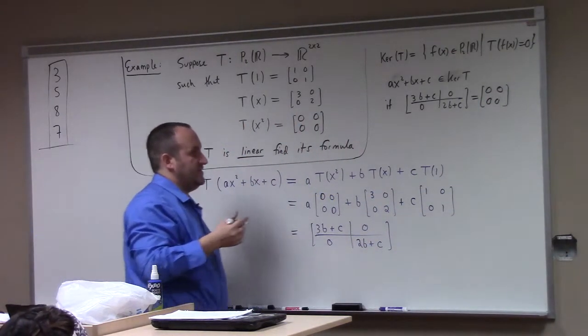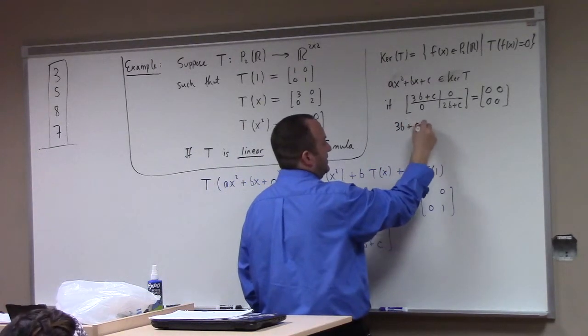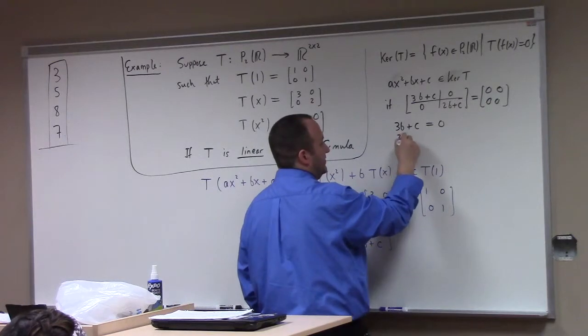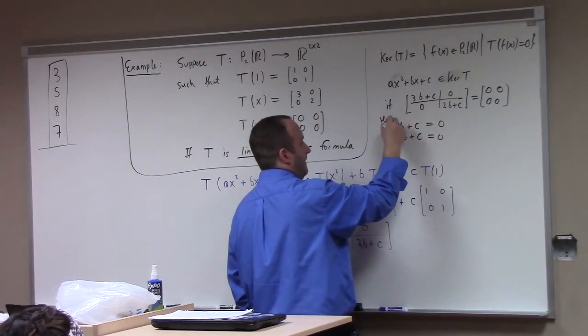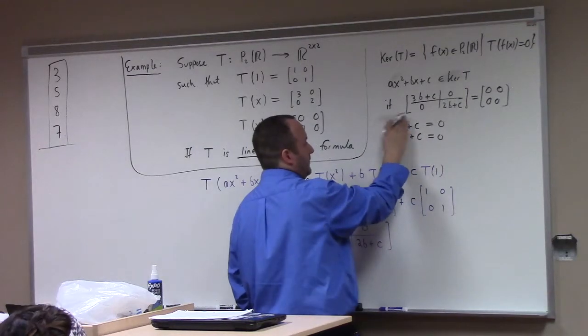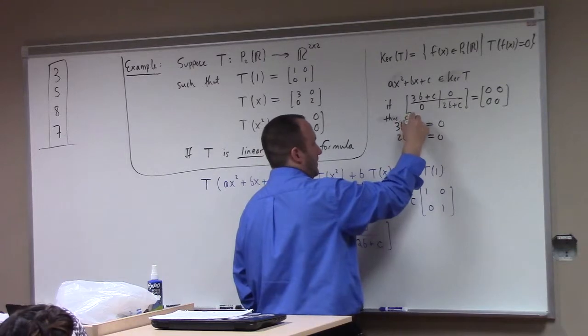This gives us two equations: 3b plus c equals 0 and 2b plus c equals 0.